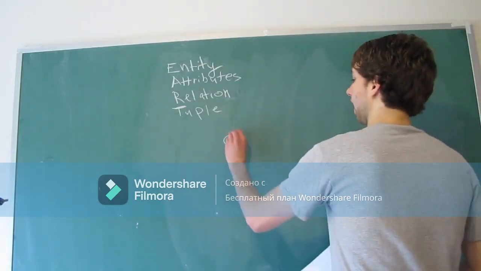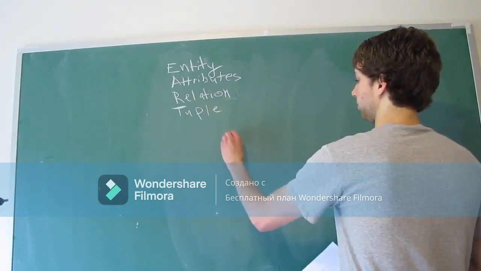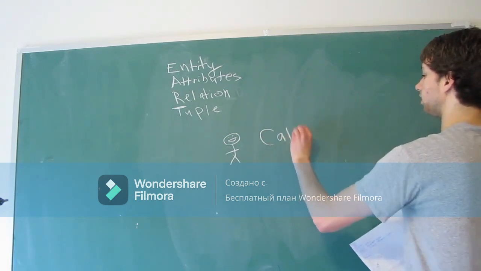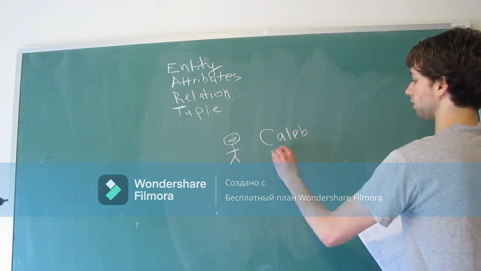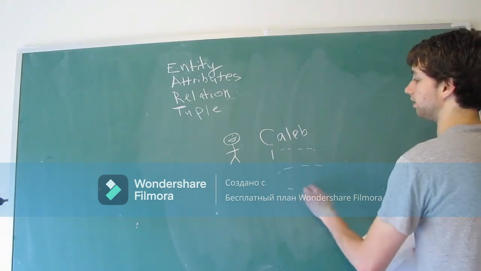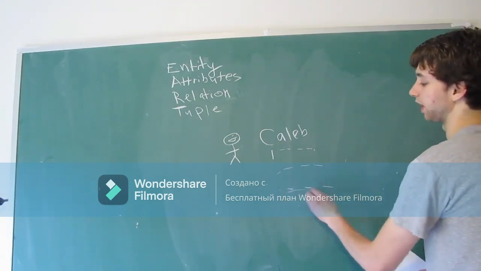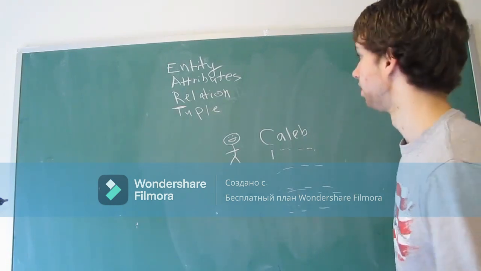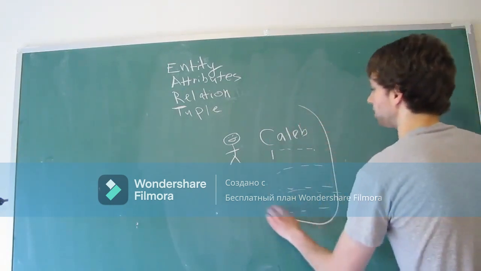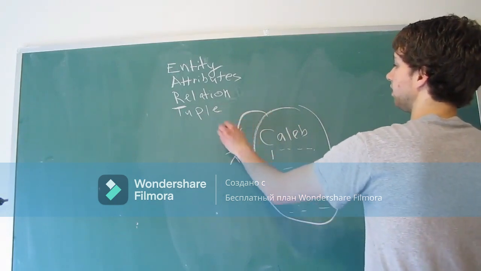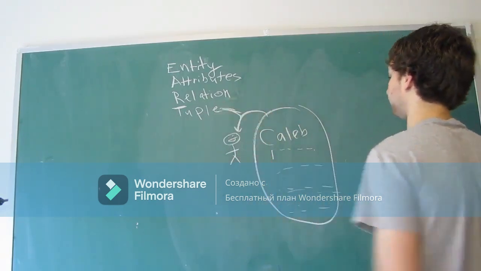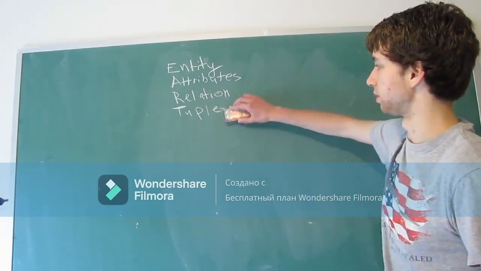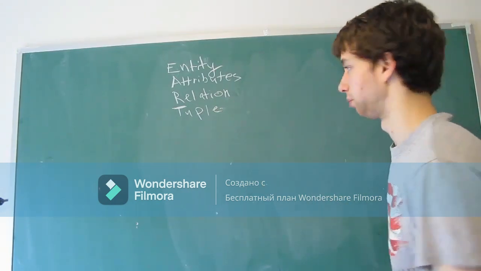So if we have this guy, we can say his name is Caleb, his phone number is blah blah blah, his address, his age, his birth date would probably be better, how long he's been a member of this website or whatever it is. All of these values about this entity, that's what a tuple is. That would also be a row on a table, because we physically represent relations with a table.